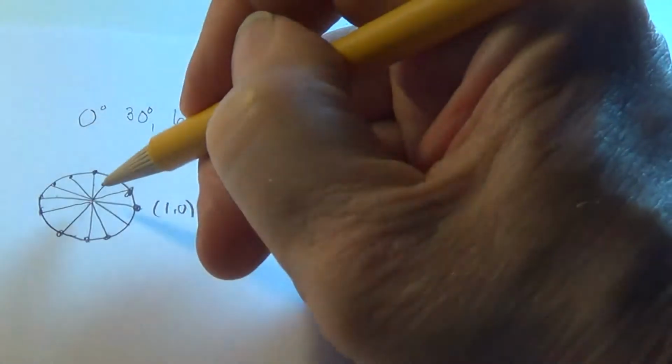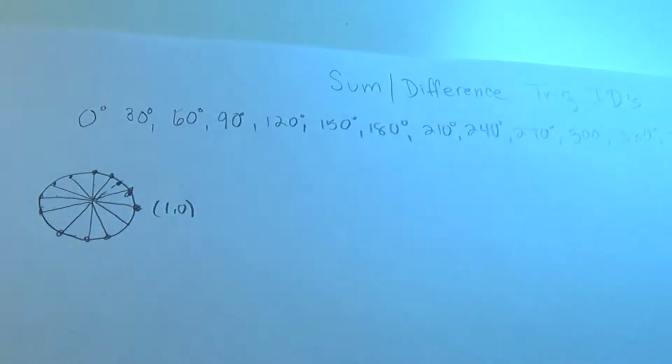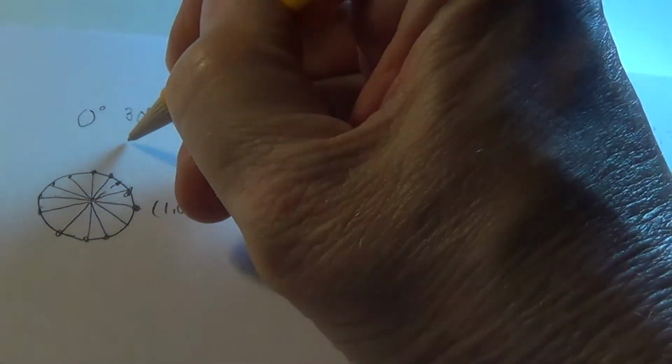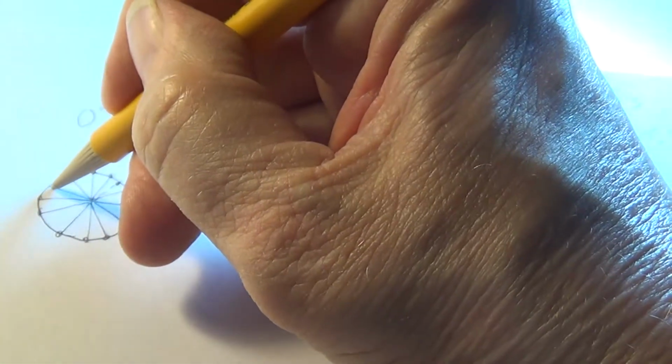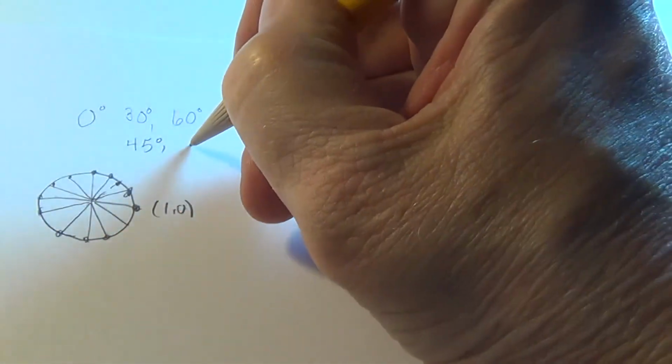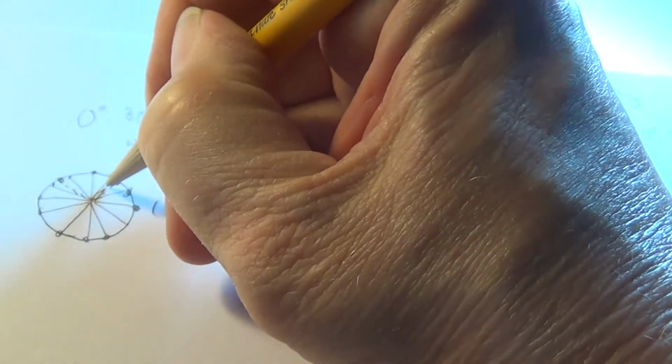Alright, now there's some that I haven't drawn yet. This point right here, halfway through quadrant 1, is known to me. That's 45. And this one over here is 135. So I usually dot in the quarters. Differentiates.